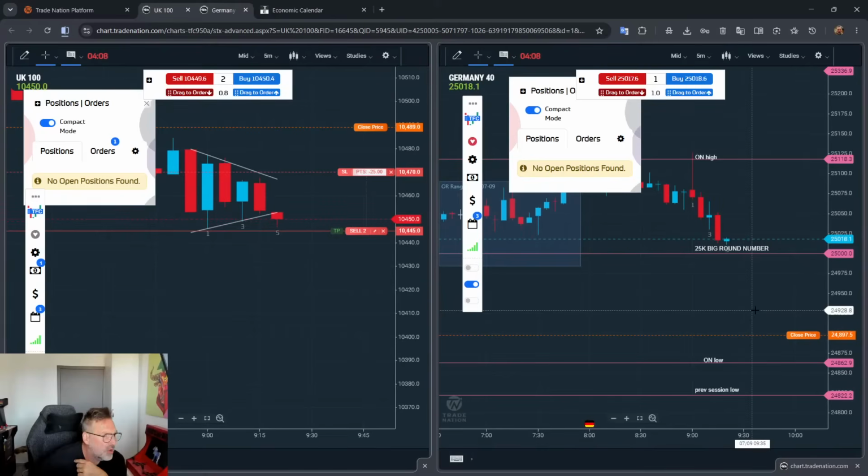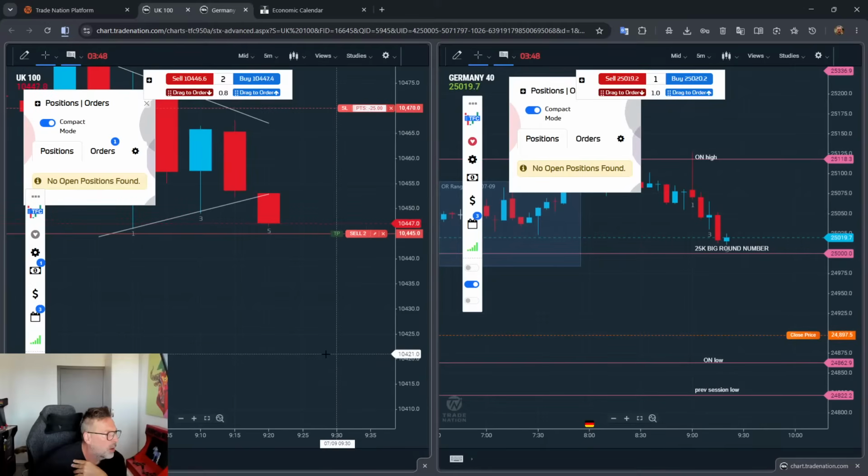Almost got filled in the FTSE. I like that there is a little offset. Stand by.